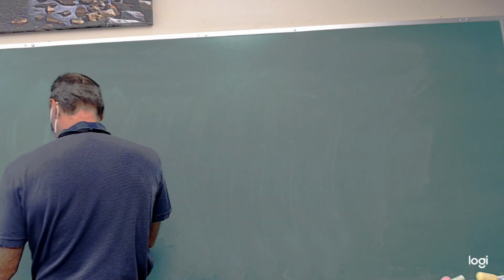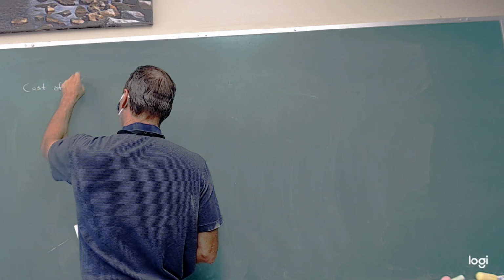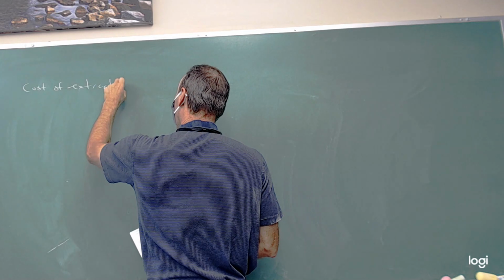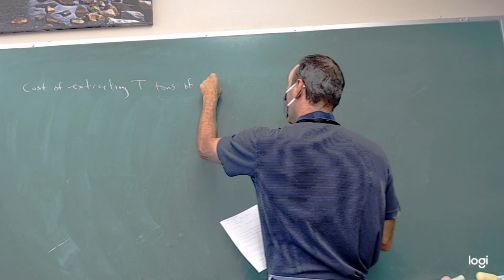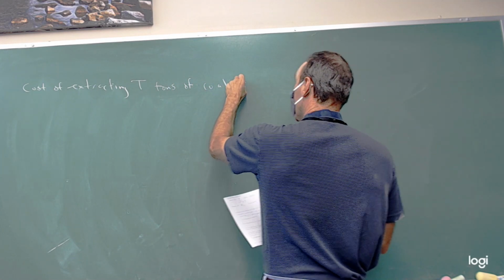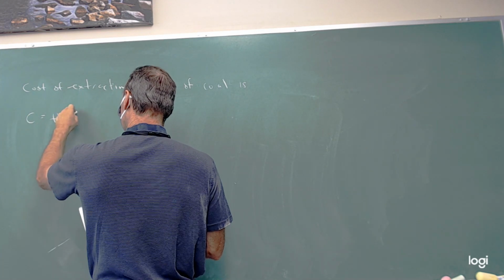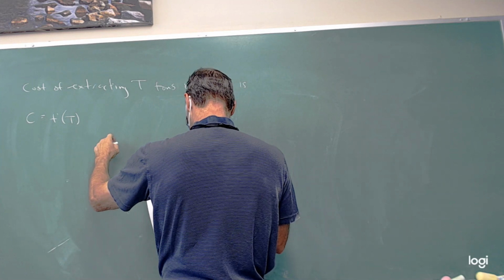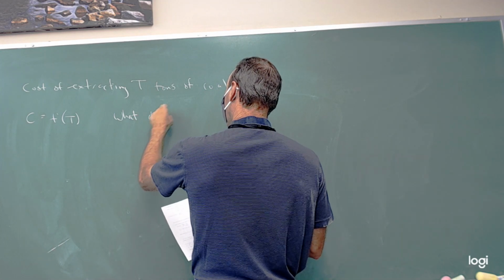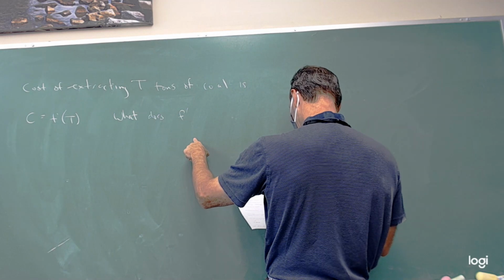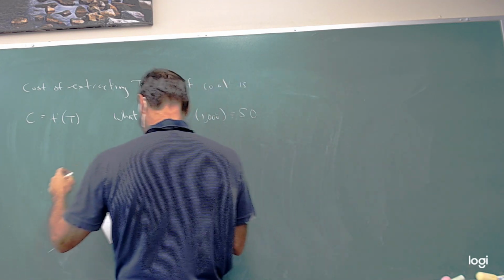So we will say that the cost of extracting capital T tons of coal is, the cost C is equal to F of capital T. Can we try a stab at what F prime of 1,000 equals 50 means?